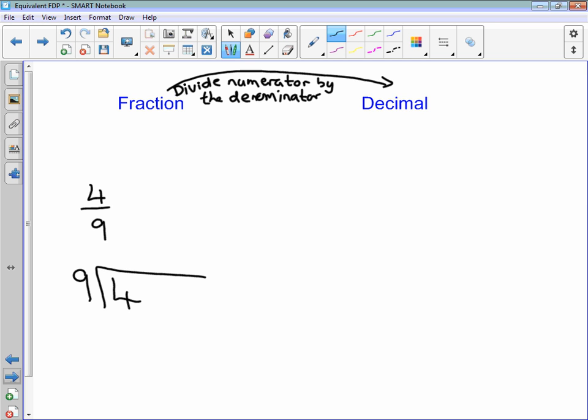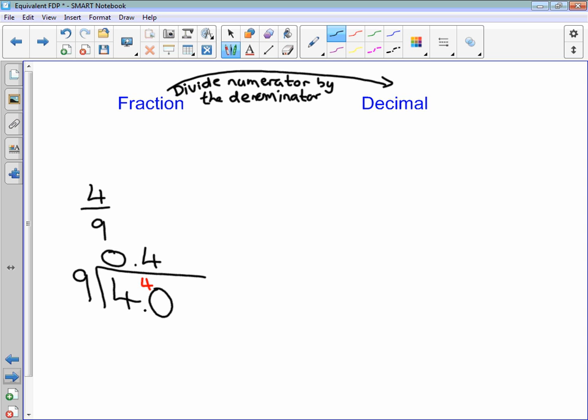9 doesn't go into 4, so we put a 0, and we need to make this point 0. 4 and 4.0 are the same, and this one has a decimal place. We now carry the 4 across to that 0. 9s go into 40 4 times.